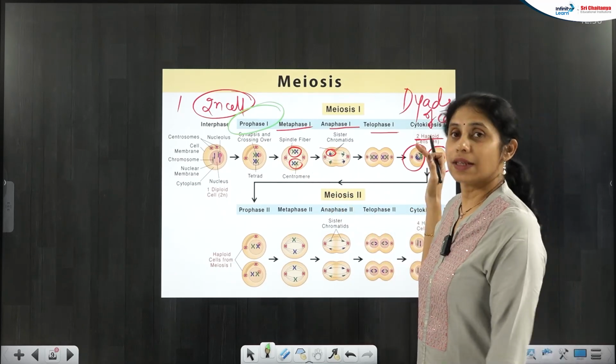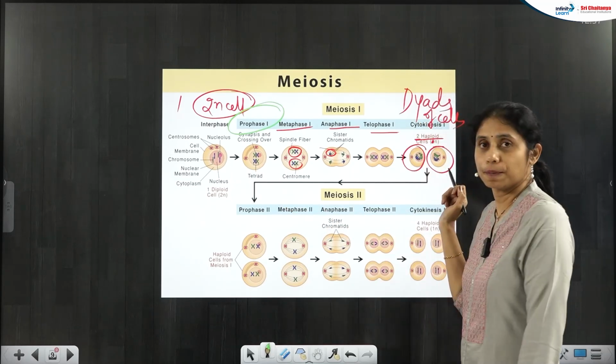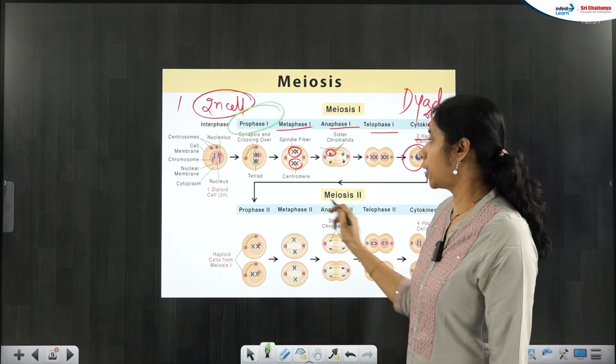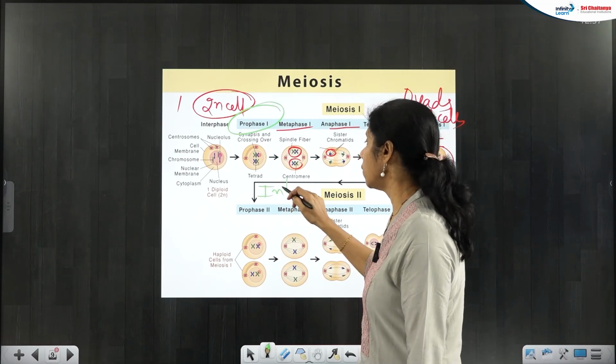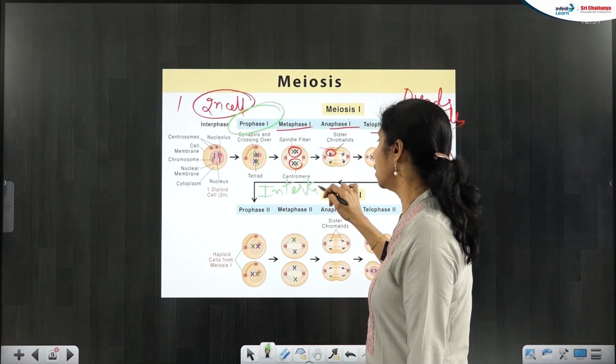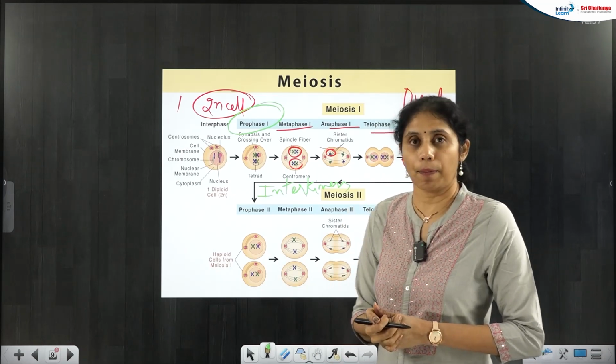So meiosis 1 is actually reductional division because it reduces the chromosome number to half. Then the cells will enter meiosis 2 after interkinesis. In between we have the interkinesis, where no DNA replication happens, but RNA and protein synthesis will happen.